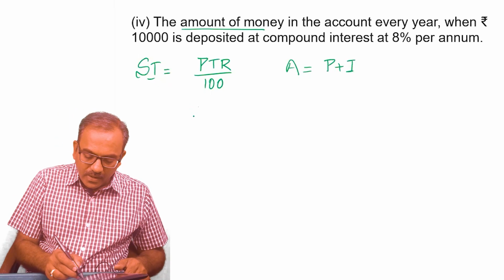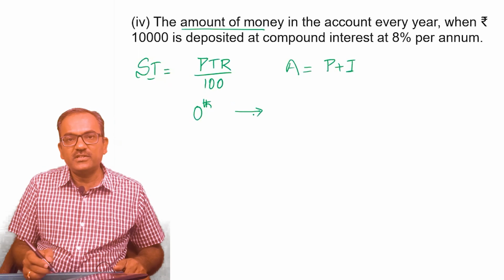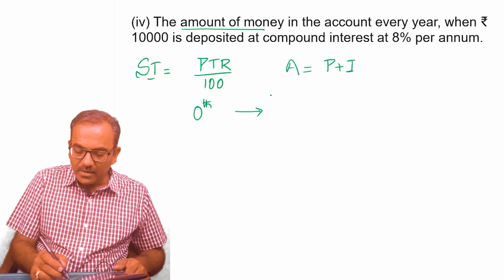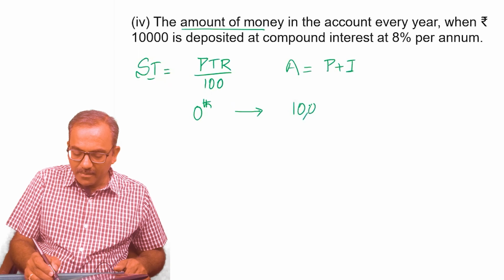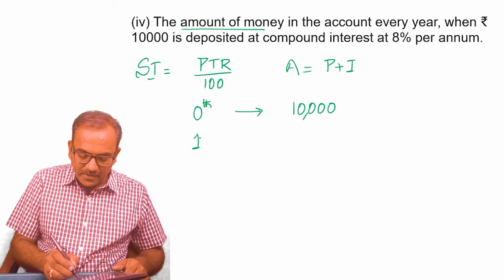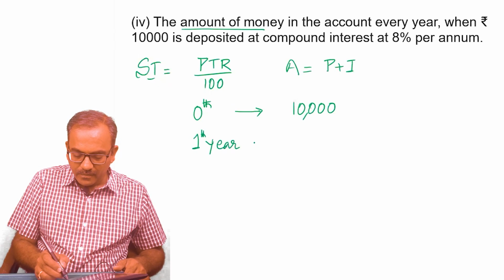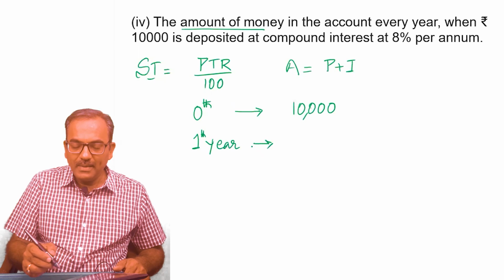So at the 0th time, since I have not deposited the money, I have the money with me, and that money is 10,000 rupees. I have deposited the money, and after the first year what would I be having?